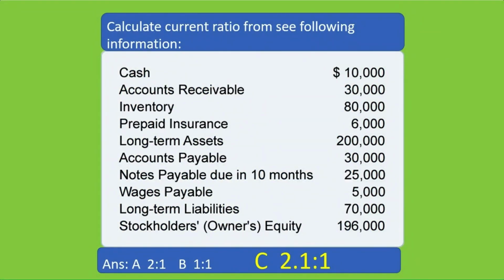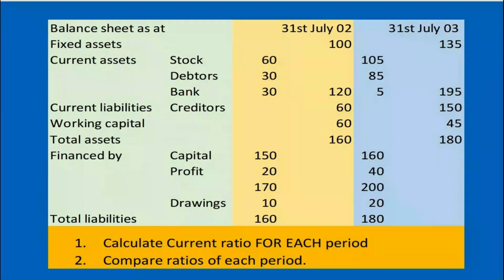Okay, now let's look at another question. Balance sheets as at July 31, 2002 and July 31, 2003. Fixed assets 135. Current assets: stock 60, 105. Debtors 30, 85. Bank 30, 5. Total 120, 195. Current liabilities: creditors 60, 150. Working capital 60, 45.